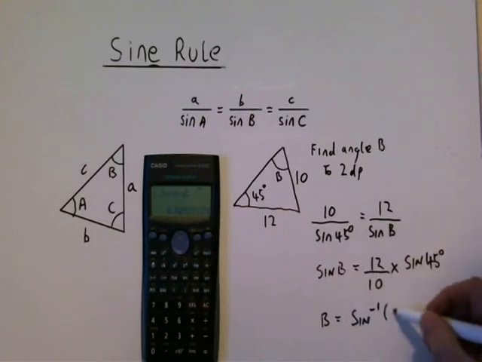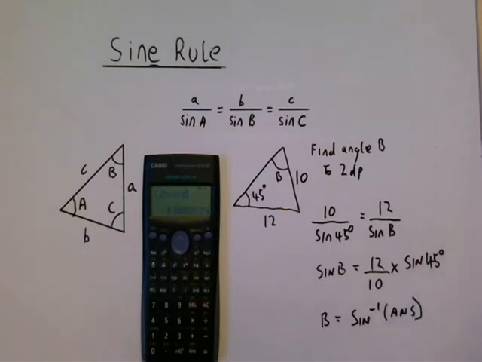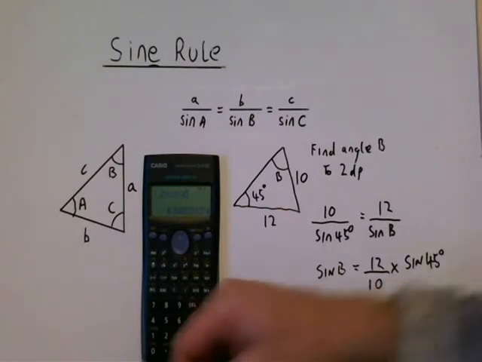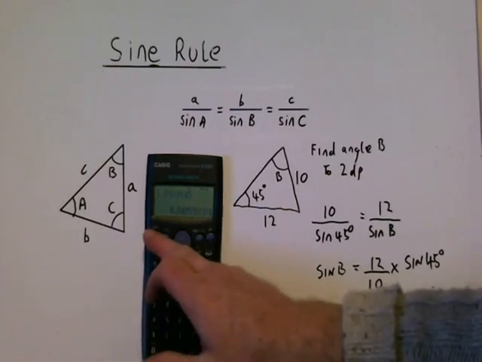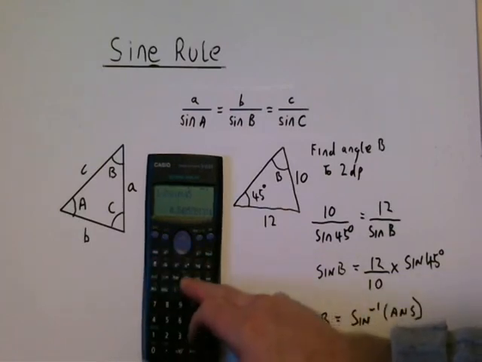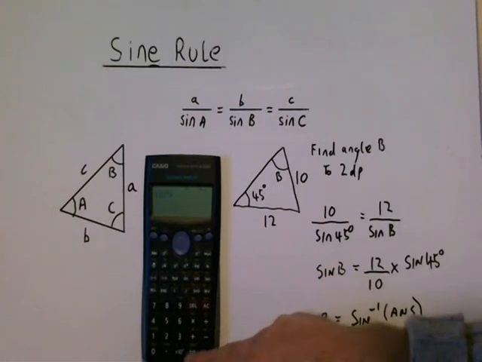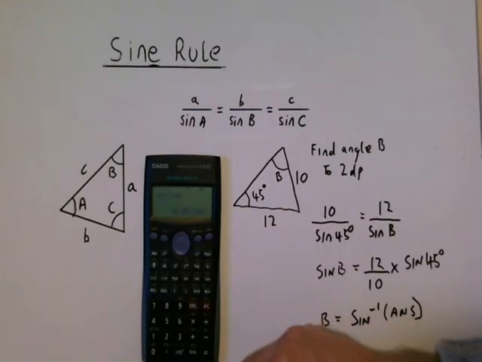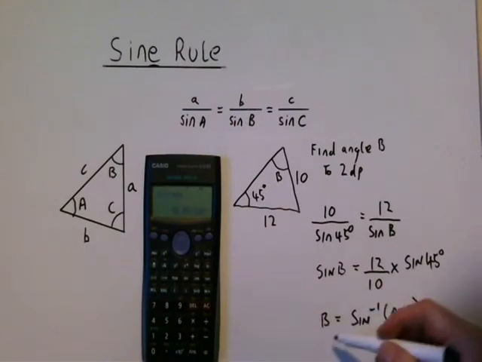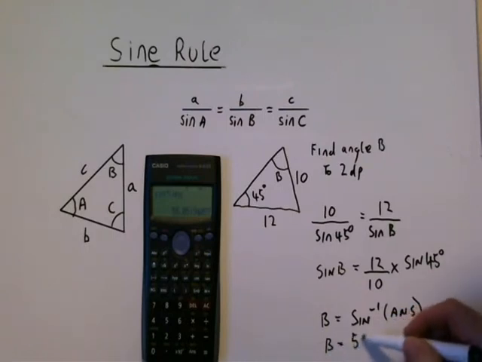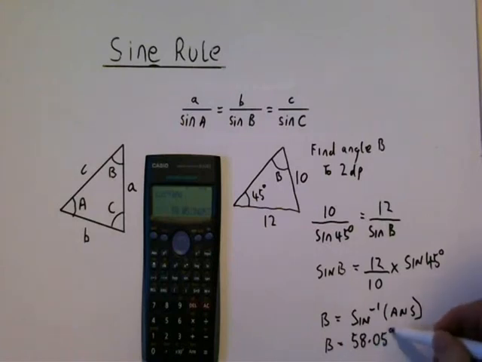So I'm just going to put answer there. I'll show you that's done. So to get sine to the -1, we now go shift sine to the -1, and then we press the answer key there, which brings up the previous answer, and then equals, that gives us it. So B equals 58.05 degrees, and that's our answer. Done.